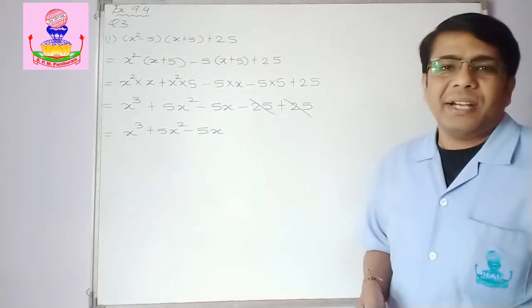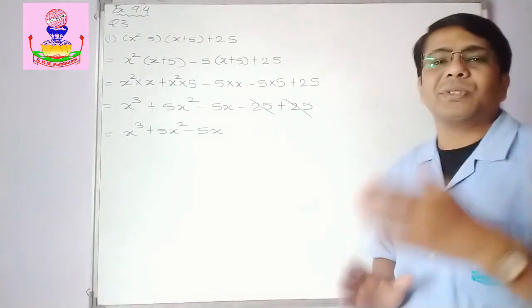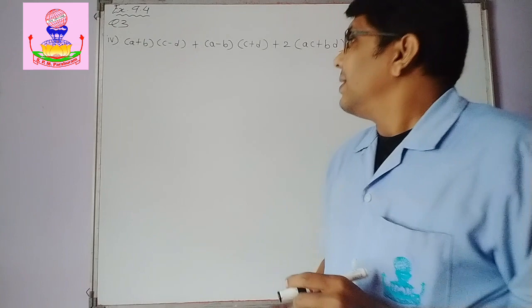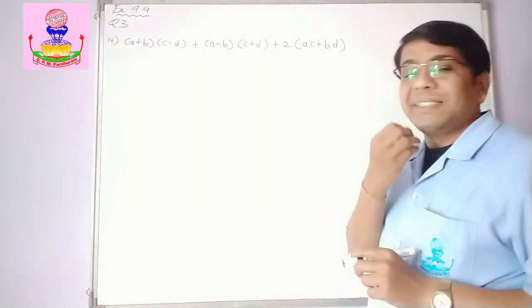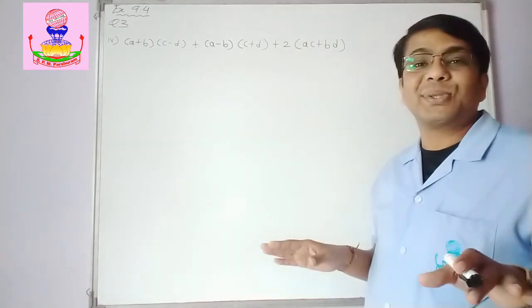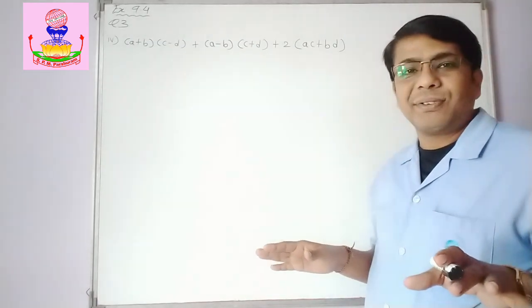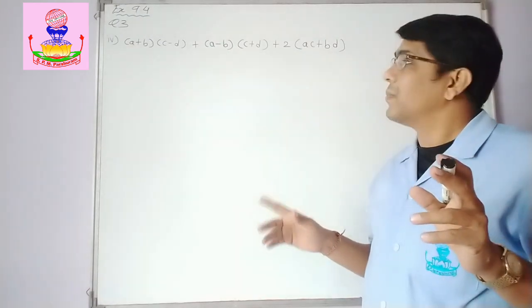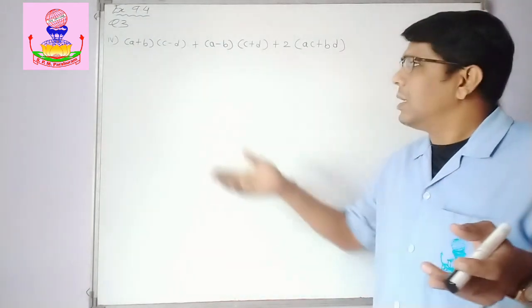Okay. I hope you have understood. Now let us move to the next example. Now seeing the example, don't get tense. You have studied the basics. Try to use them. Okay? You know the basics. What are the basics?